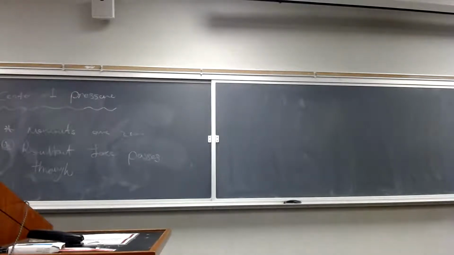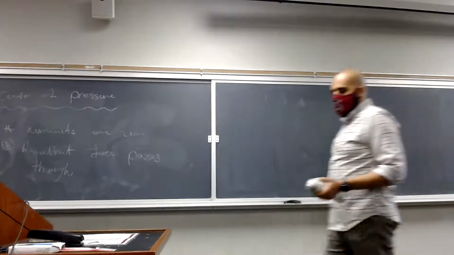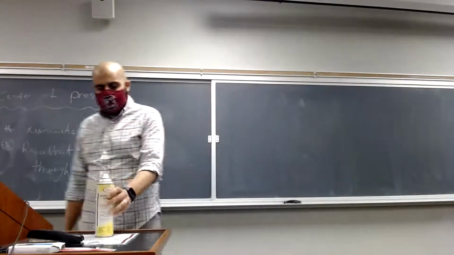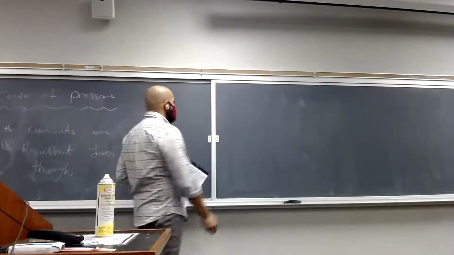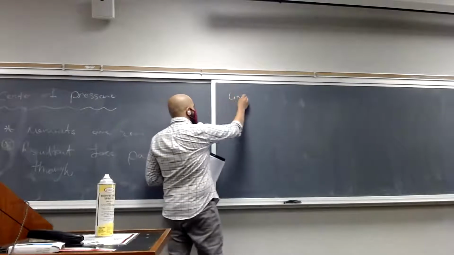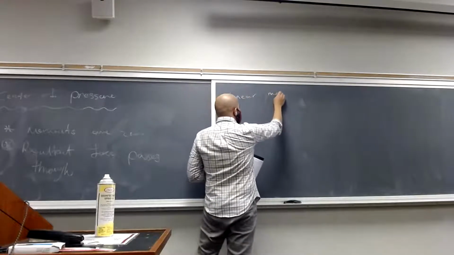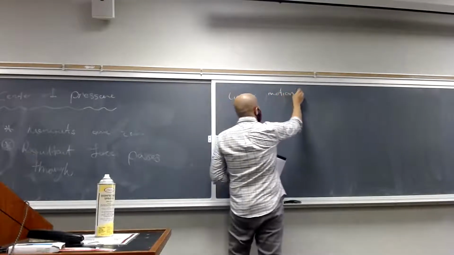We want to analyze when you are moving this container like this. So it's a rigid body movement of this fluid. And this type of movement is going to be linear motion. This is the first thing we want to focus on and analyze.